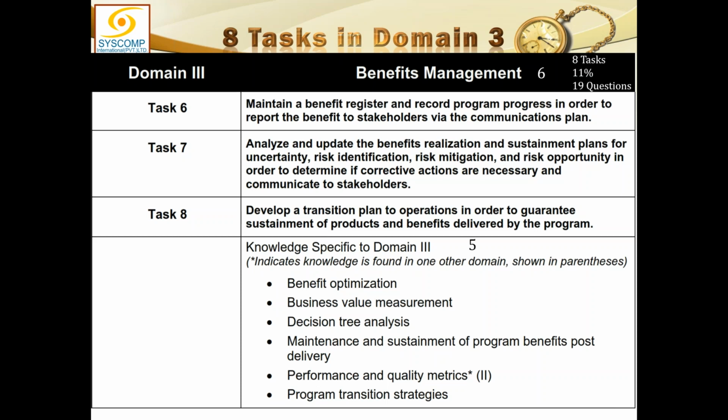Exactly the same way, here it is not as clearly mentioned, but the benefit register, the benefit realization plan, and all these things we create as a result of that management plan are ultimately our program documents. And these are what we will be using later on.